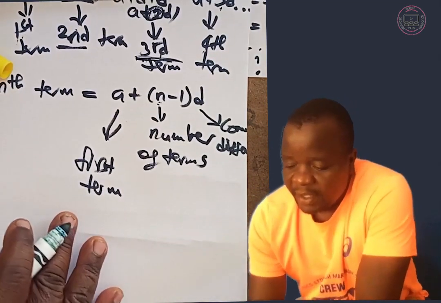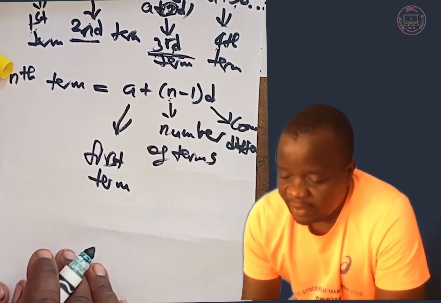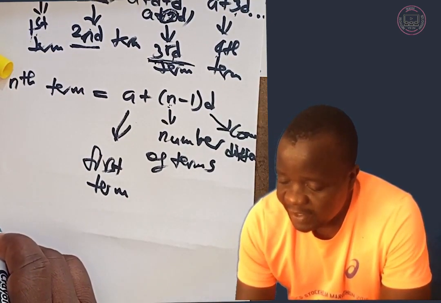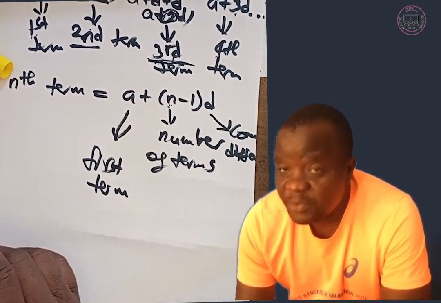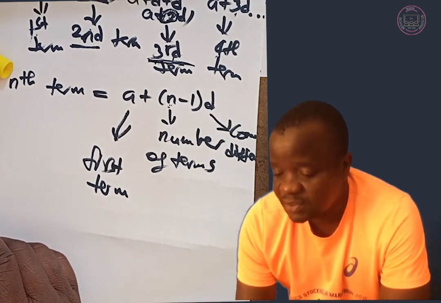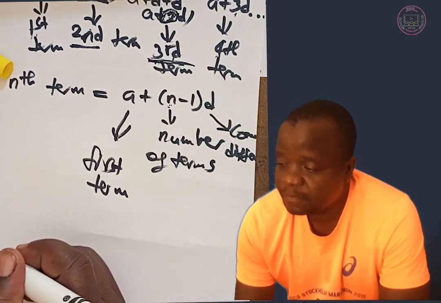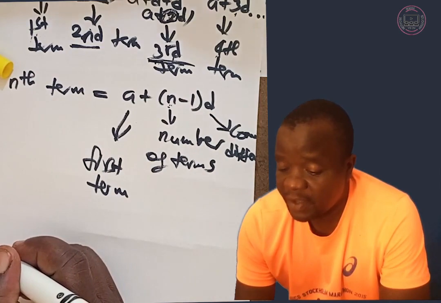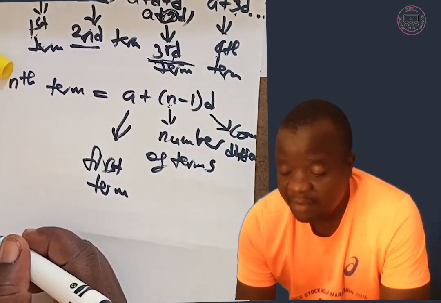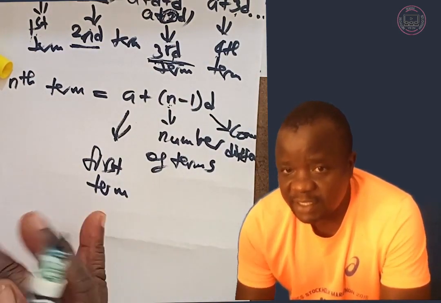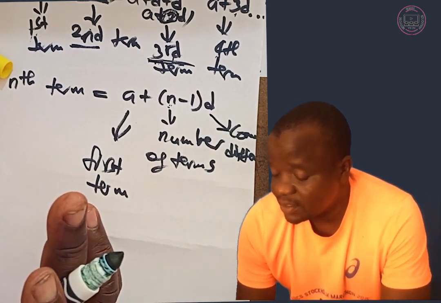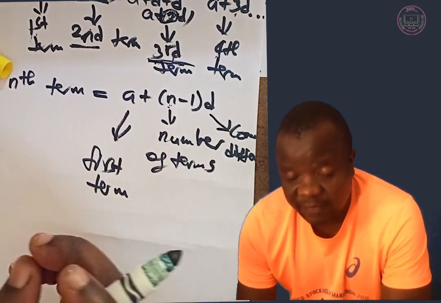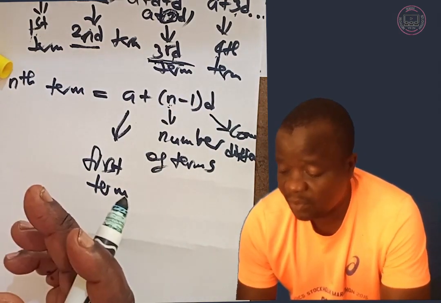Now, this formula is very, very important because it can assist us to find whatever number we want in a sequence, because it is possible to find if you don't have a very long list.